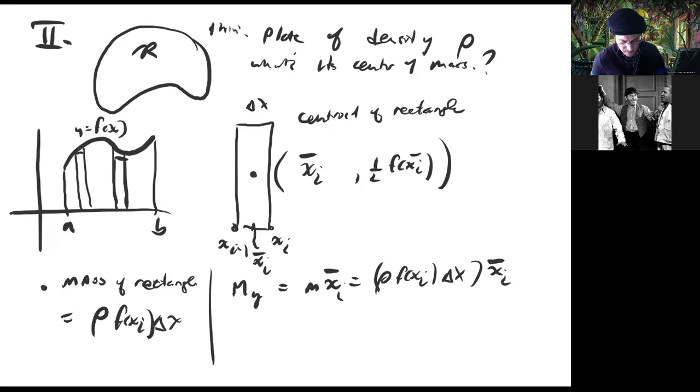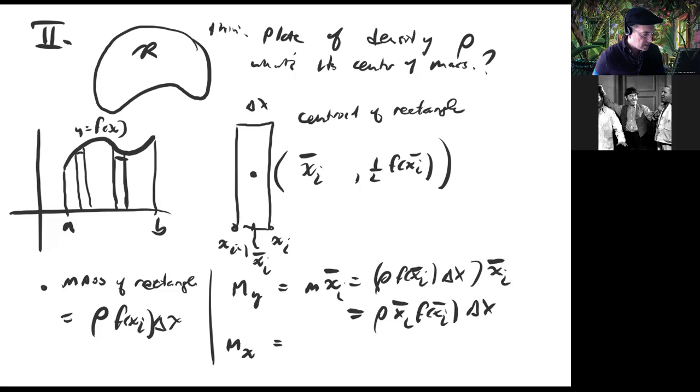So I can rearrange the terms to get rho x_i bar f of x_i bar delta x. So that would be M sub y.